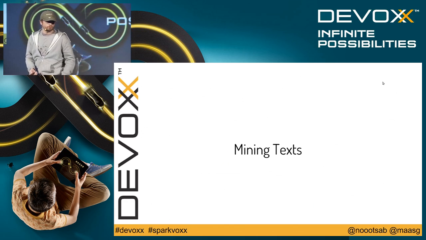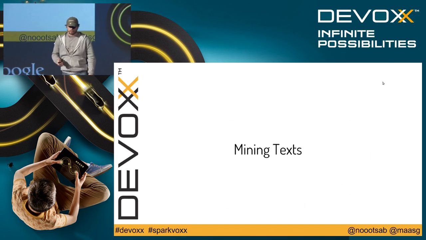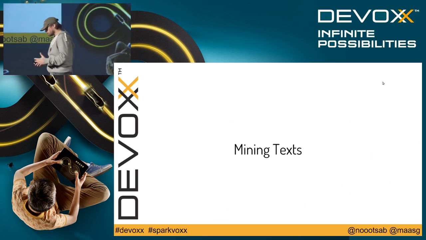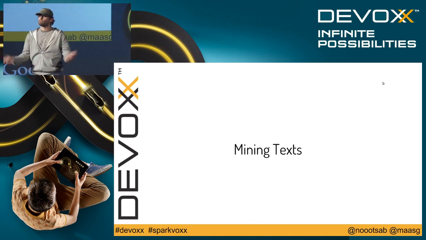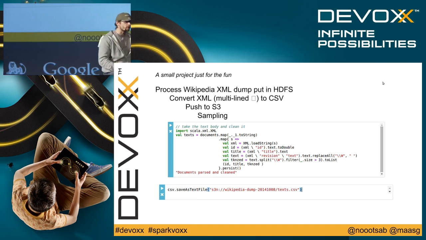Mining text. I'm going to be very quick on that. It's the last one. Something that we played with Gerhard lastly. We took the whole Wikipedia dump. You know that Wikipedia is dumping all its data every now and then, and it's random.